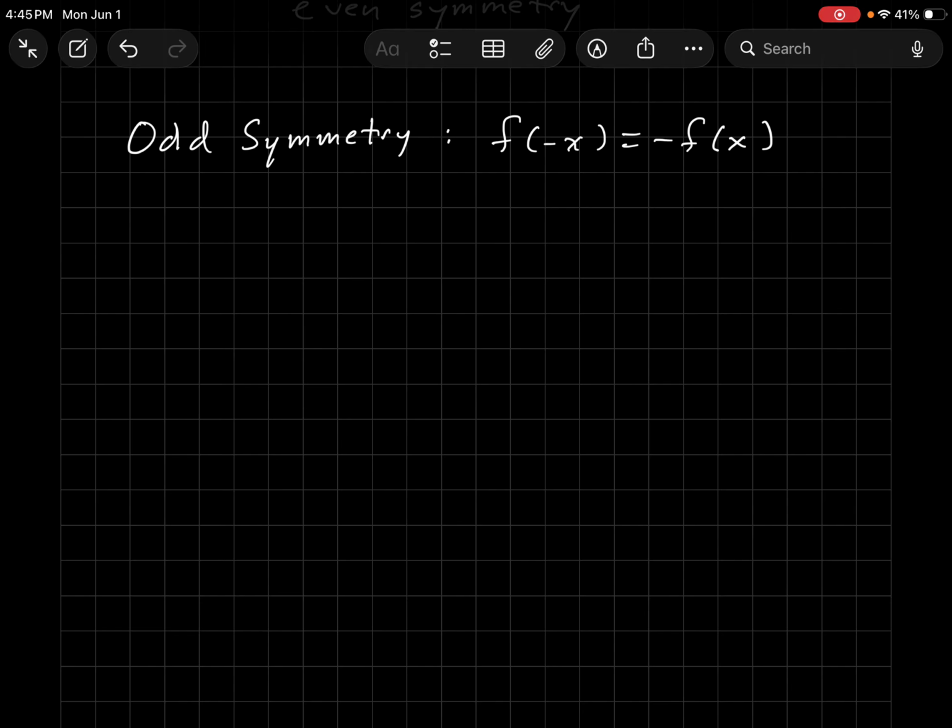How would that work on a graph? Let's take a look at a graph that I know has odd symmetry. And that graph will be f of x equals x cubed.